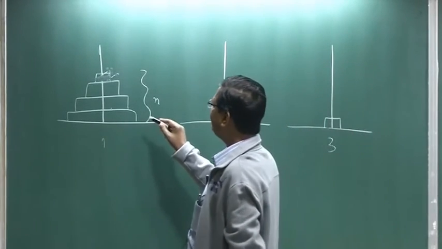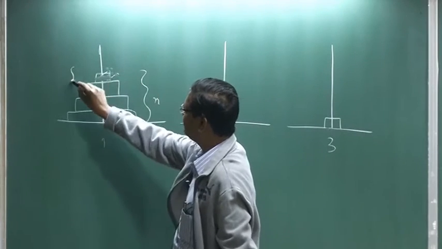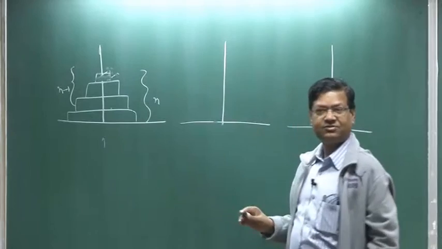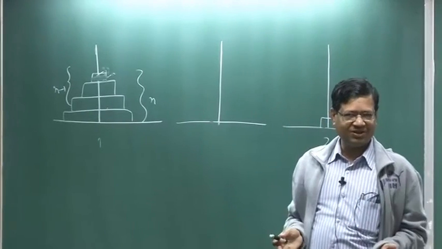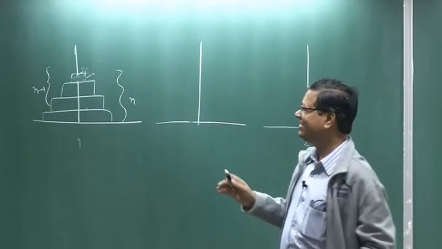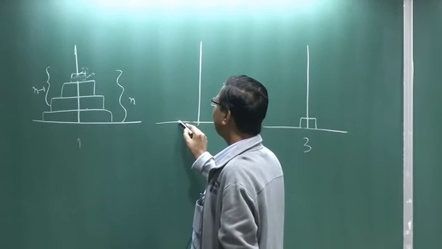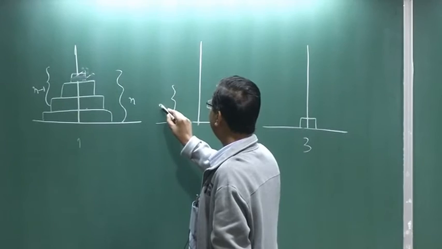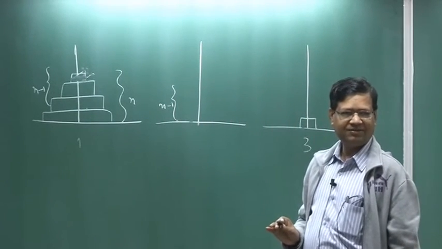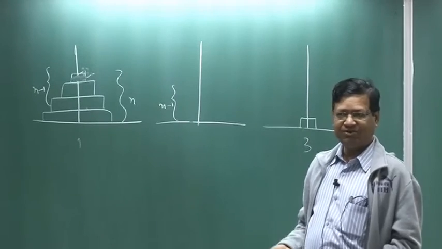So the idea is to take n minus 1 of these and push them to the intermediate peg. Suppose you have the function. So I send n minus 1 disks here, and the function which you have will do the job.